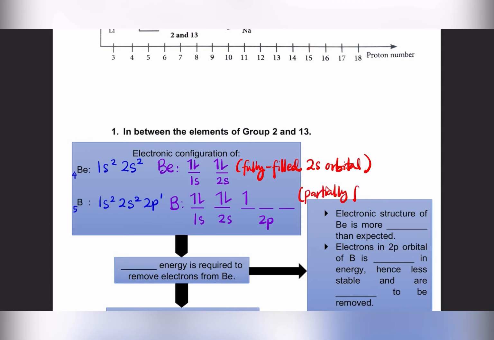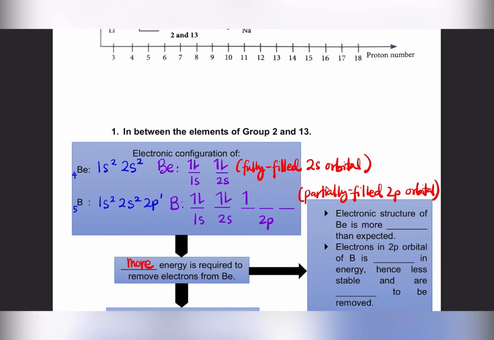What can you deduce here? You can say that more energy is required to remove electrons from beryllium. Why? Because when you have a fully filled orbital, it's much more stable than when you have a partially filled orbital.